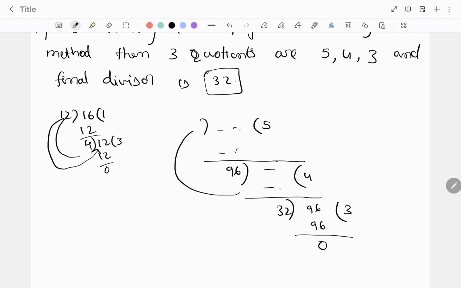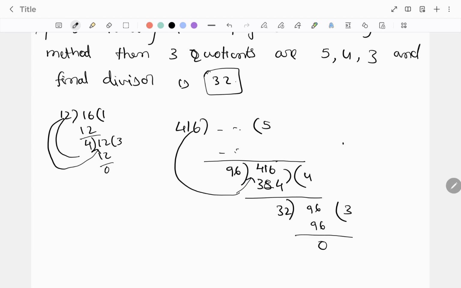Then 96 into 4. 4 sixes are 24, carry 2. 4 nines are 36 plus 2 is 38. So this is 384. Now from this number it is subtracted so that we got 384. So what number did we get? 32. It means 384 plus 32 is this number. Okay, add it, 416. So here we have the number 416. That 416 should become from here.